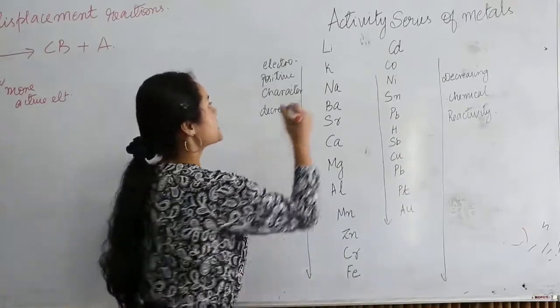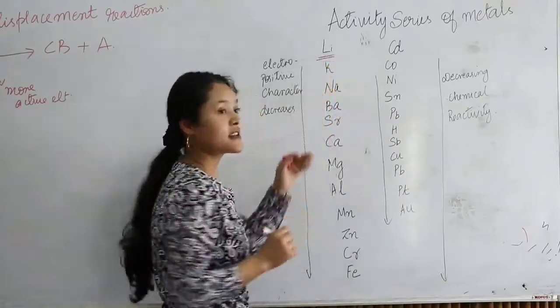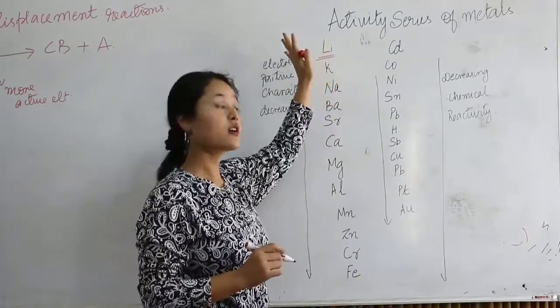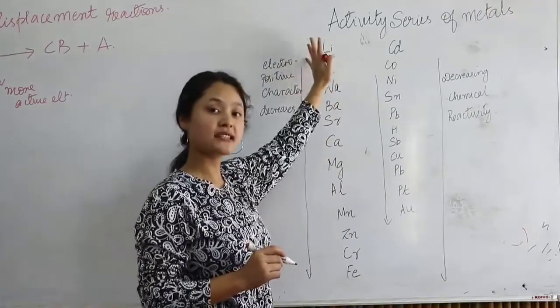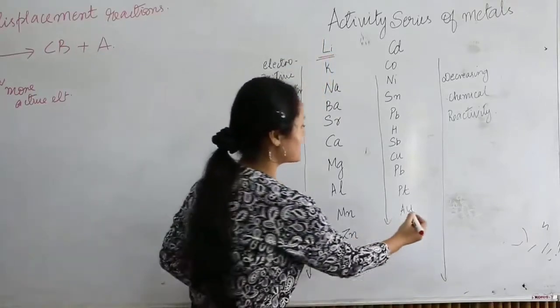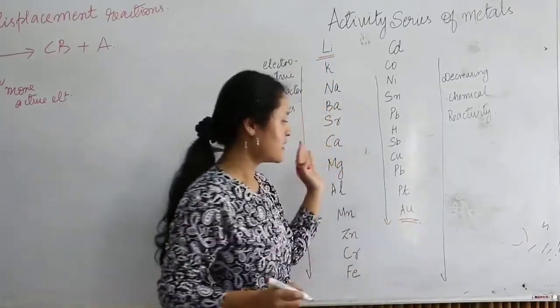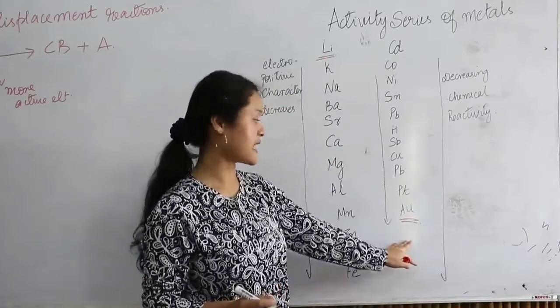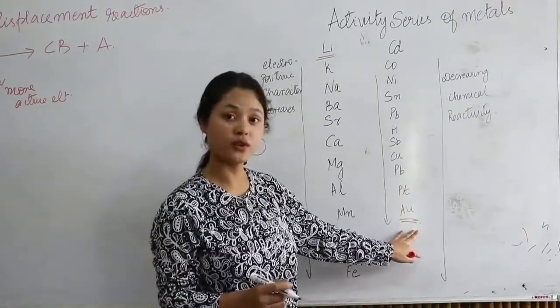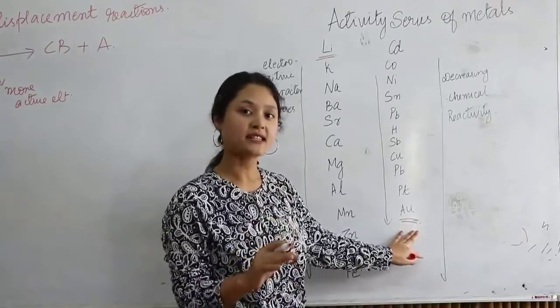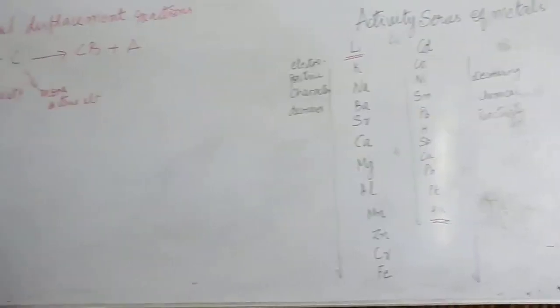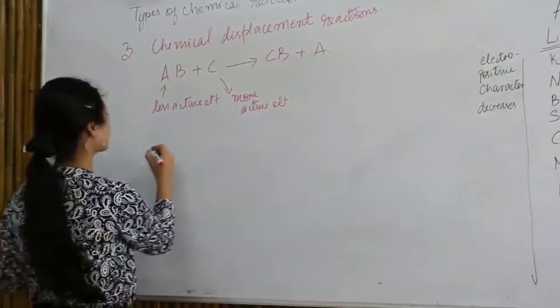So we see lithium is placed at the highest position, therefore lithium is the most reactive element, and gold is placed just down in this activity series, therefore gold is the least reactive element. Okay, so let me give you an example of this chemical displacement reaction.